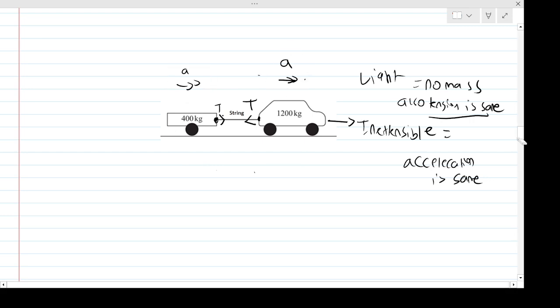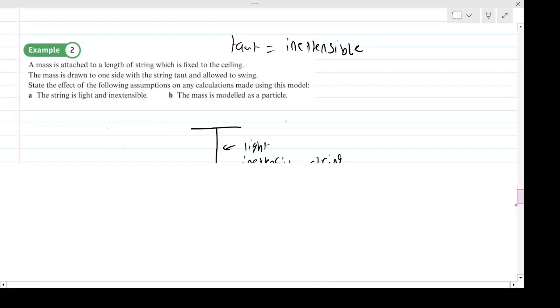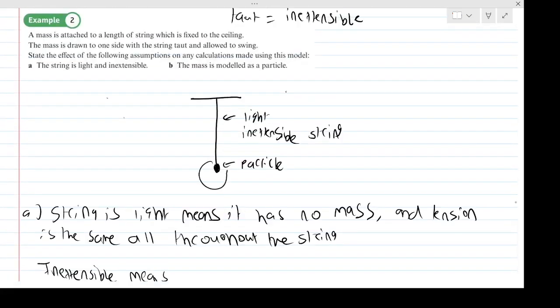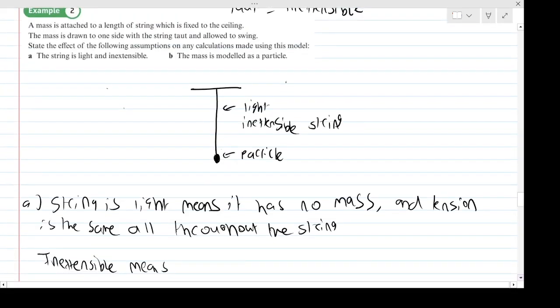In this example that's not really applicable because obviously we just have one particle, not two things connected together. So there are no accelerations to consider to make them equal because it's just one thing. Well, inextensible simply means it doesn't move or stretch in any way. So it means the string does not stretch.